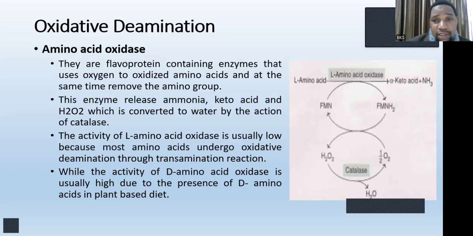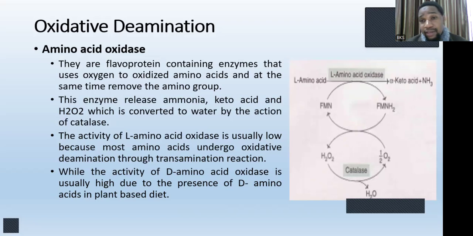Oxidative deamination can also be carried out using amino acid oxidase. Amino acid oxidase is a flavoprotein containing flavin mononucleotide. It's an enzyme that uses oxygen.